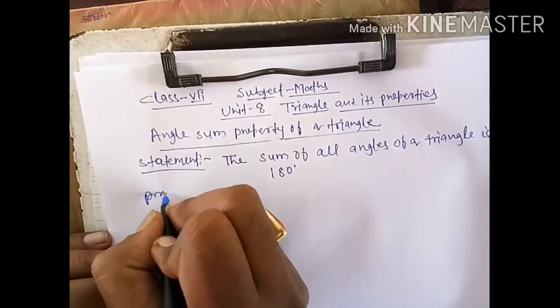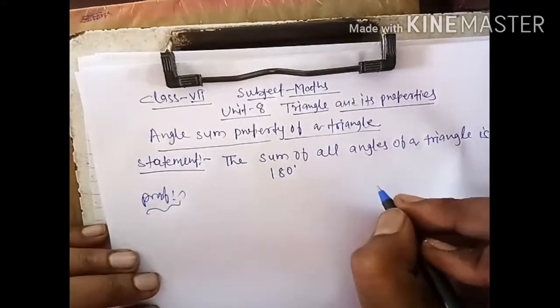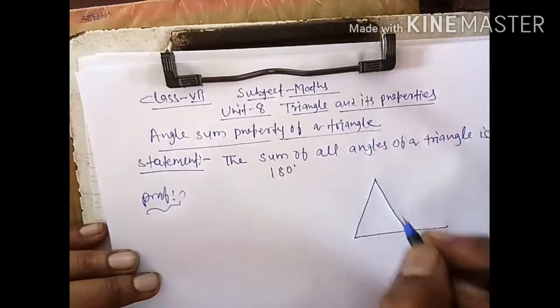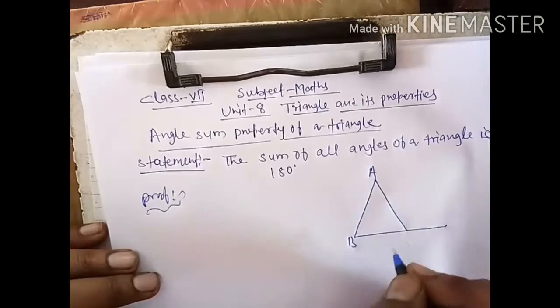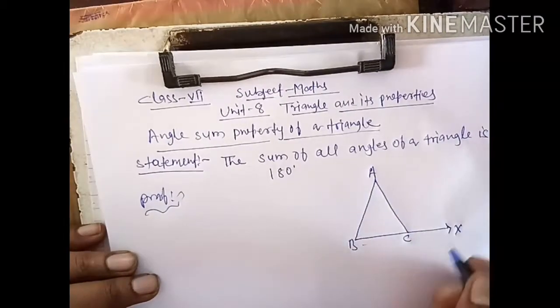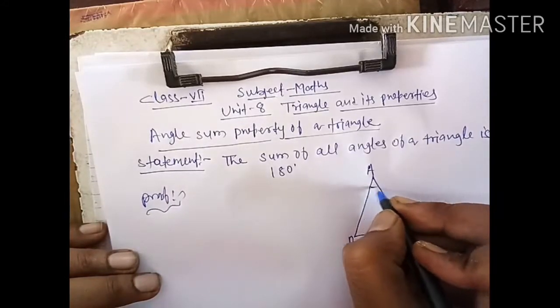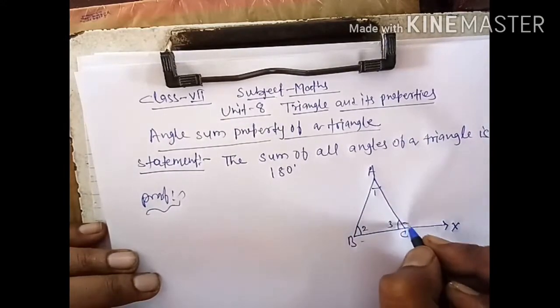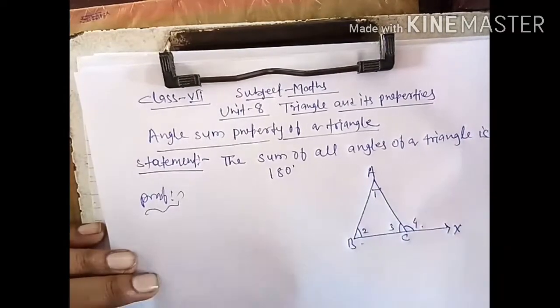Proof: suppose we have a triangle ABC. We extend side BC to X and name them. Angle A is angle 1, angle B is angle 2, angle C is angle 3, and the exterior angle is angle 4.